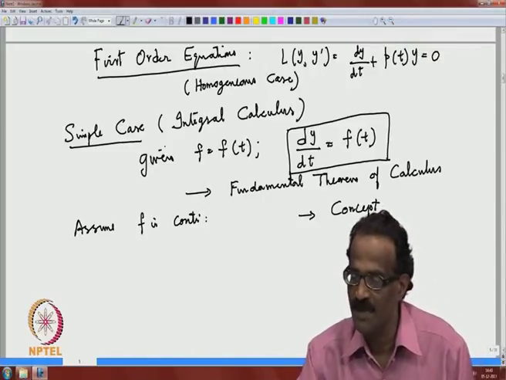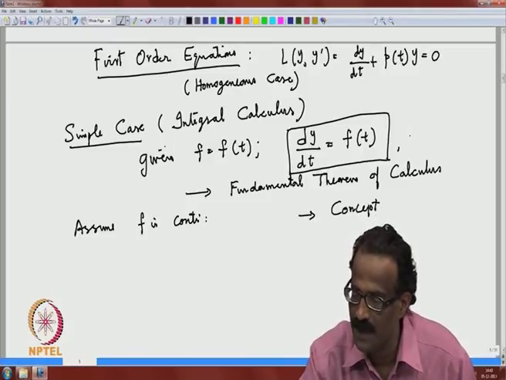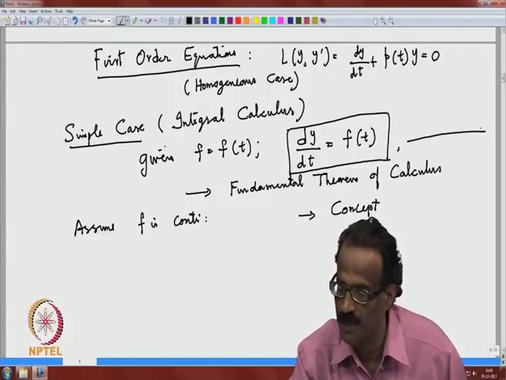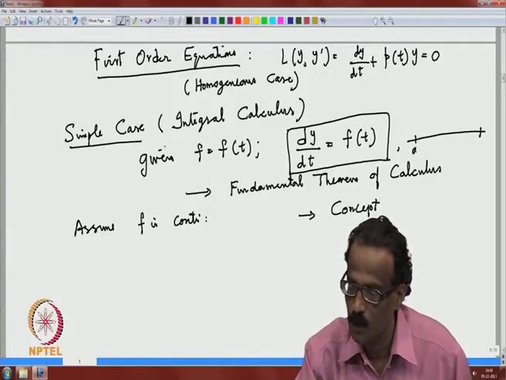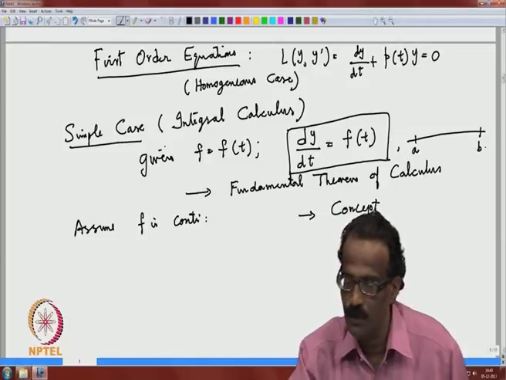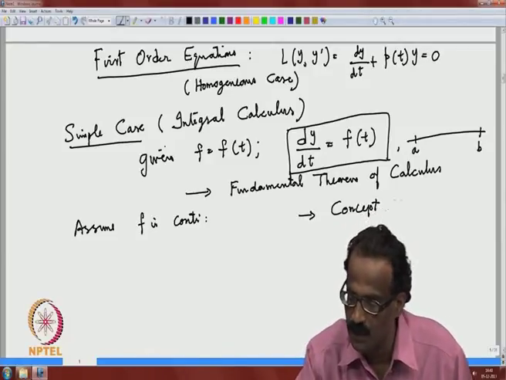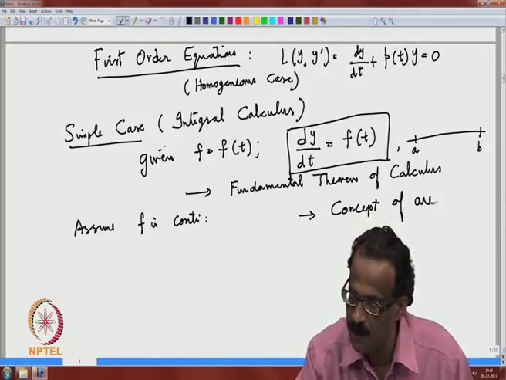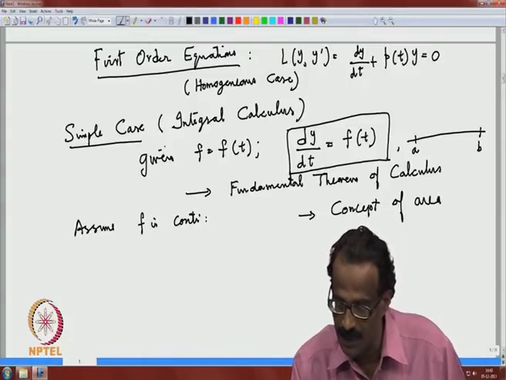Suppose this is given in an interval, say AB. Suppose you want to solve this problem in AB. How do you solve this equation? That is the concept of area, which I am not going to give here.